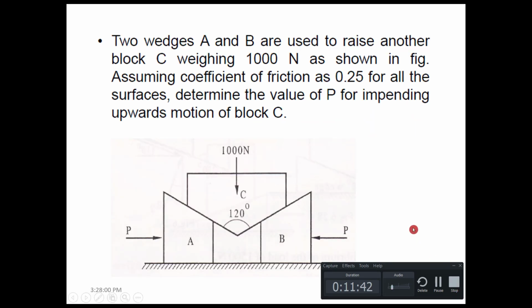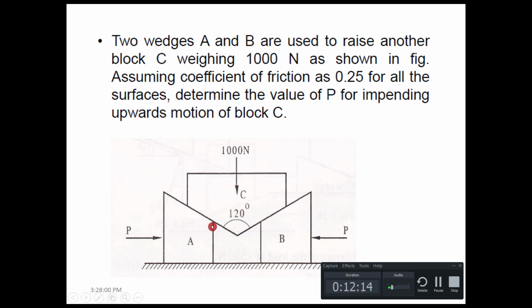Coming to the next problem: two wedges A and B are used to raise another block C weighing 1000 Newton, as shown in the figure. Assume the coefficient of friction as 0.25 for all the surfaces and determine the value of P for impending upward motion of the block.